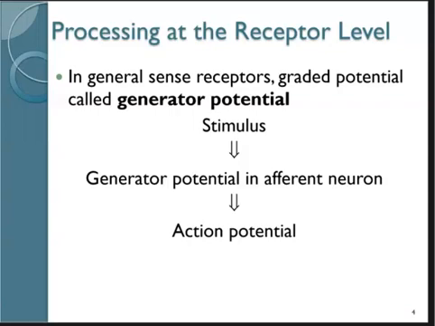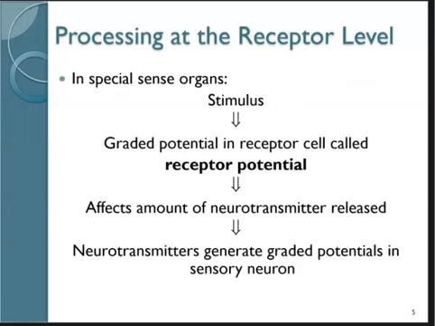It will create a graded potential, and once it reaches threshold in the neuron, it will create an action potential. In special senses, it's a little bit different. We will have a graded potential, but here we just call it a receptor potential. It is not a generator potential. It just controls the amount of neurotransmitter that is released.